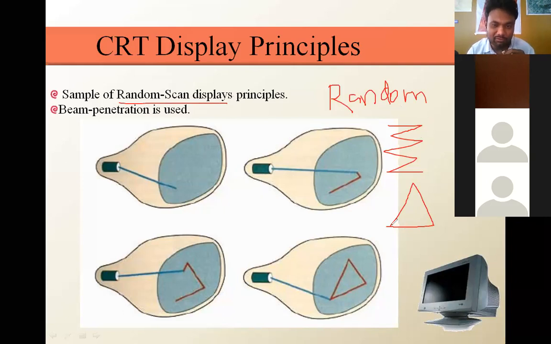So if you want to display the triangle, it will only draw straight lines. Straight line in the sense of any manner: it can be an inclined line, a parallel line, or a vertical line. It is going to display a straight line. That's it.